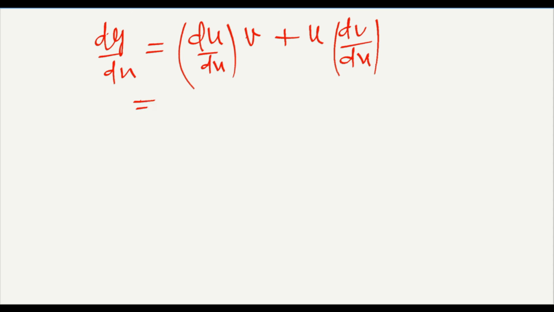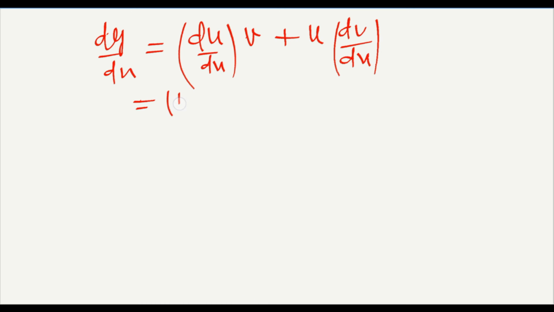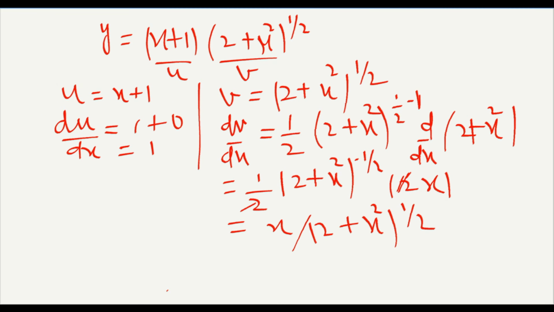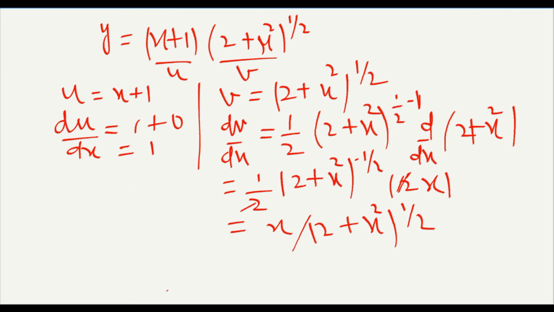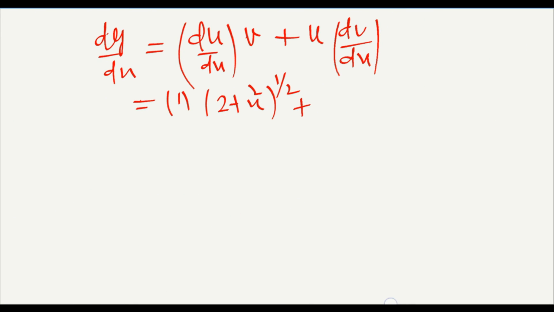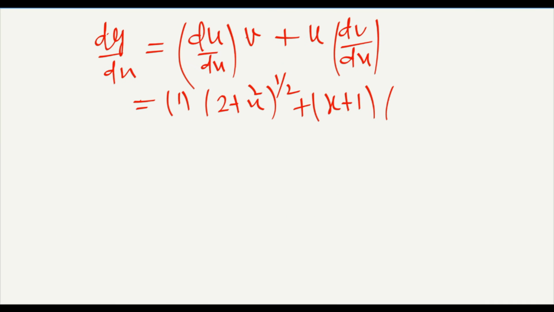Now substitute the values. du by dx was 1, and v was 2 plus x square raised to power half, plus u was x plus 1, x plus 1 into the derivative of v, which was x upon 2 plus x square raised to power 1 by 2.